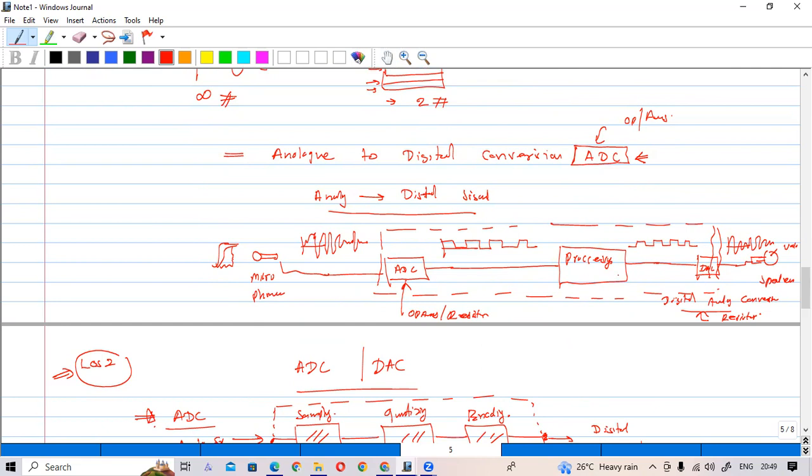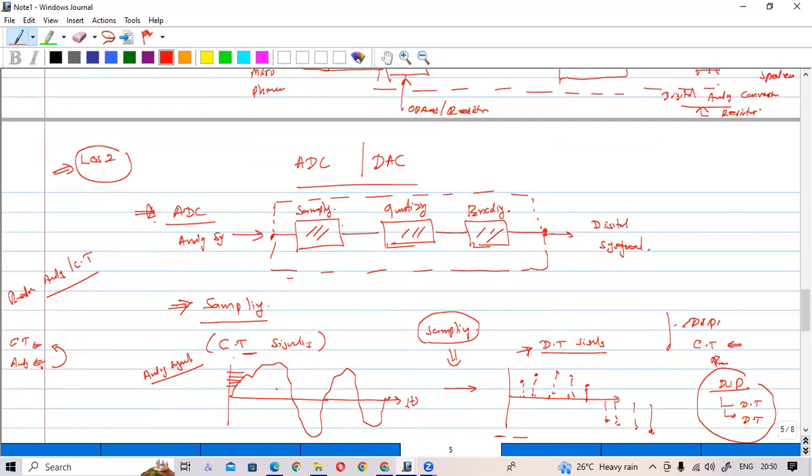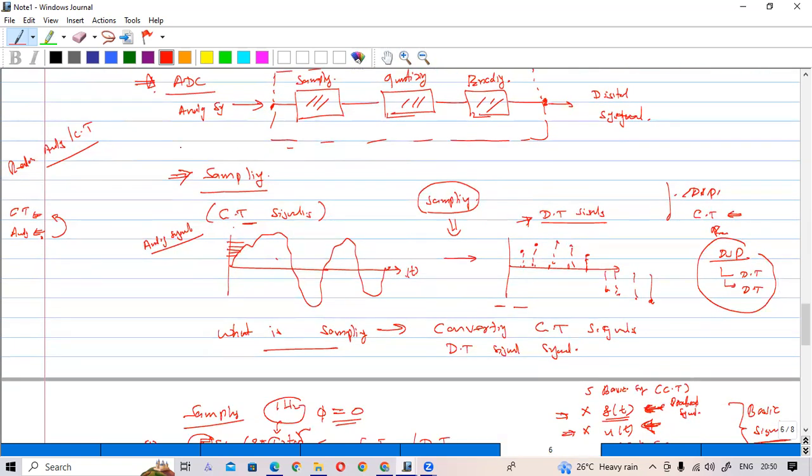These processes are very important. Analog to digital conversion is converting an analog signal into a digital signal. We have 3 steps: sampling, quantizing, encoding. We are going to talk about sampling. Sampling means converting a continuous time signal into a discrete time signal.